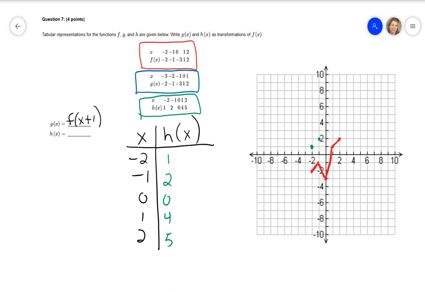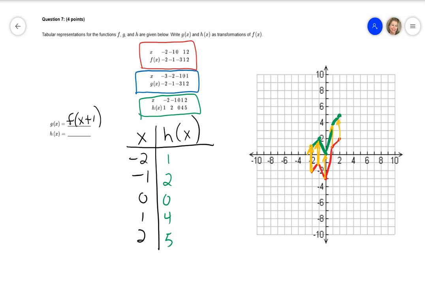At -1, it's +2. 0, 0, 1, 4, and 2, 5. And I'm going to connect these dots from left to right. Now, when you look at this one, if I go from this point to this point, I've actually gone up 3 units. Same thing from here to here. Going up 3 units, going up 3 units, going up 3 units.